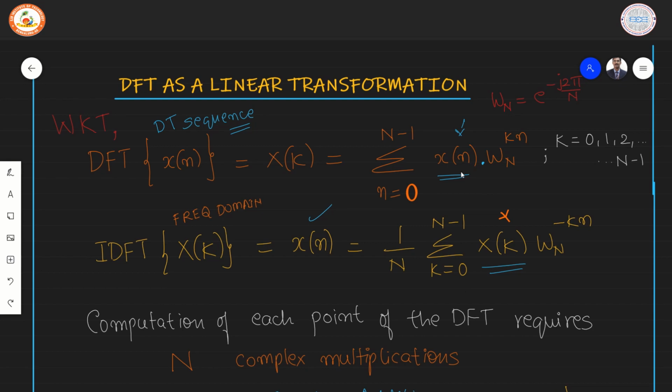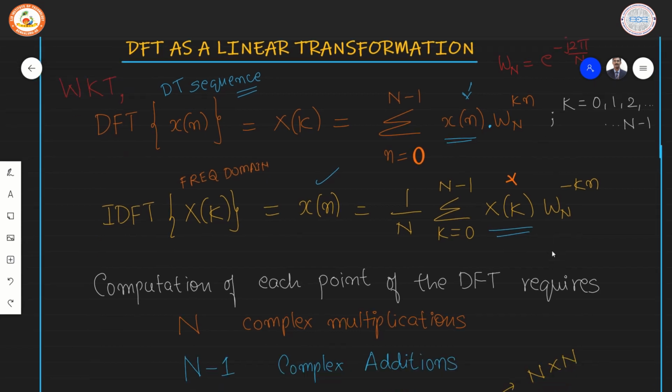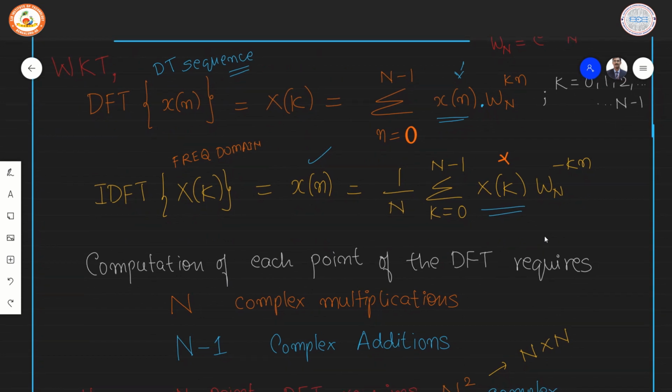Now, in between these N multiplications, we will have N minus 1 addition operations also. Each addition will be between two product terms. So if you count in this expansion of the summation, the total number of complex additions is N minus 1.